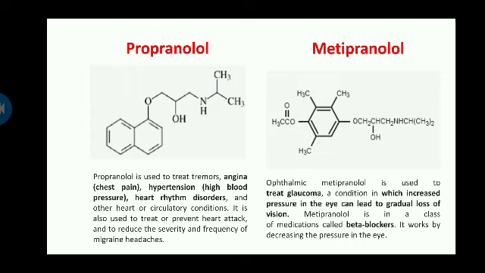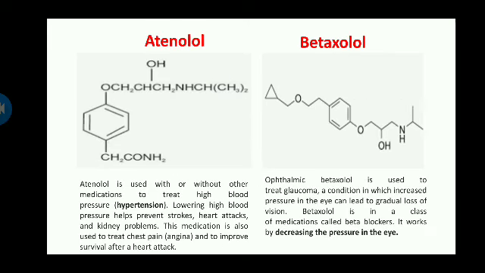Metoprolol is one of the ophthalmic products mainly used to reduce the increased pressure in the eye that can lead to gradual loss of vision. It comes under beta blocker drugs, mainly decreasing the pressure in the eye. Next one is atenolol. This drug is mainly used to treat high blood pressure, that means hypertension.